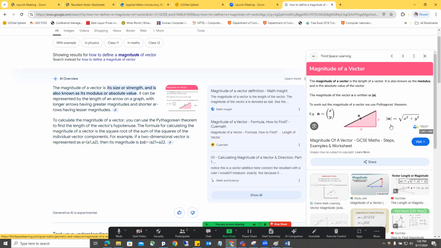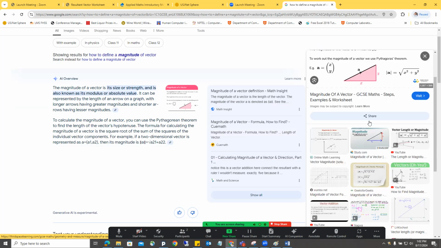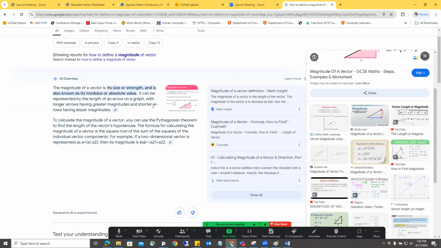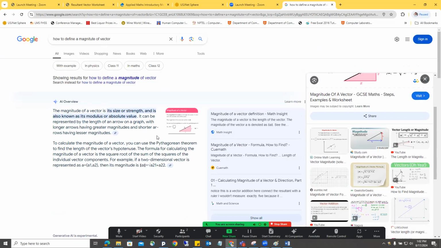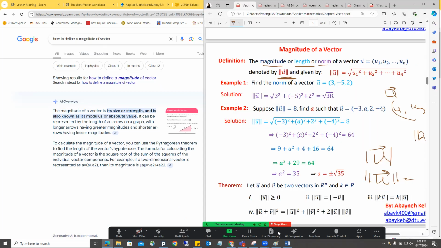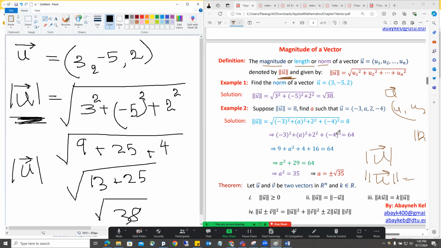Modulus A, mod A. Modulus A defines the square root of x squared plus a squared, the length. We take only the positive value. Is it clear? Yes. Okay, that's how it works. And then, now do example 2.